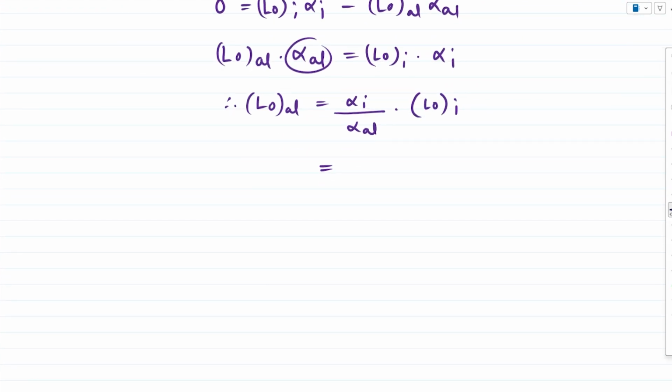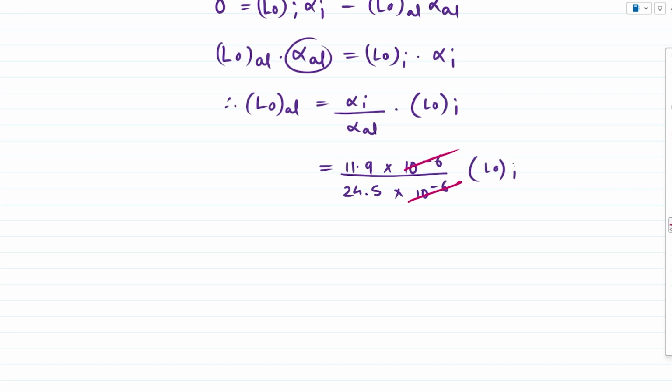Okay. So α of I is said to be 11.9 into 10 raised to minus 6, and α of AL is said to be 24.5 times 10 raised to minus 6, into L₀ of I. Now we can cancel 10 raised to minus 6 and 10 raised to minus 6 straight away.